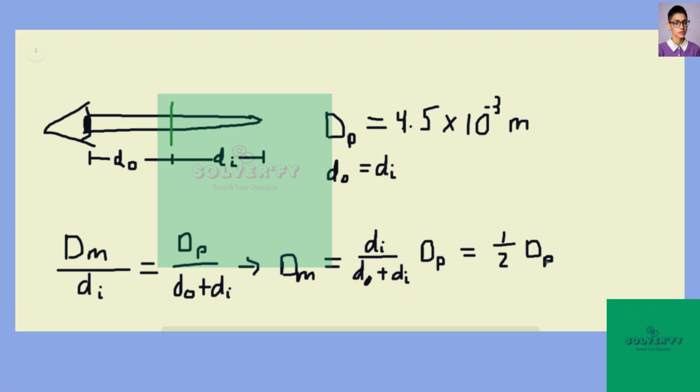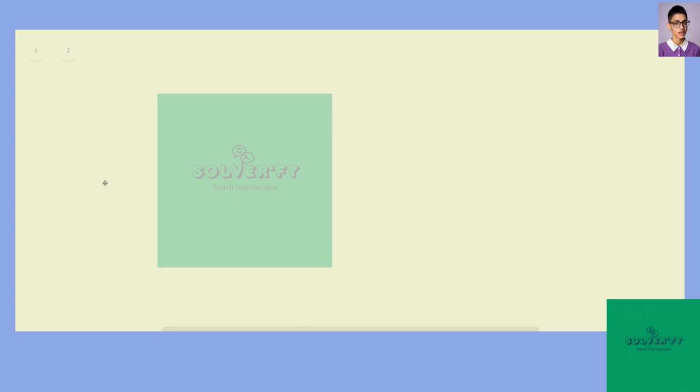Using this, we can find the area of the mirror. We'll do this on a new page. The area of the mirror is pi r squared, but we don't know the radius, we know the diameter, so it's 1/4 pi times the diameter of the mirror squared.